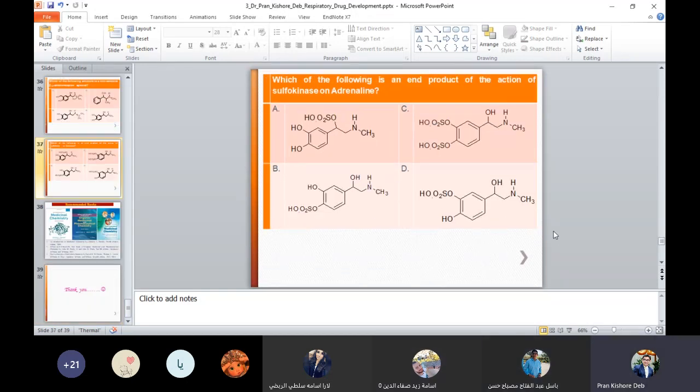Next one. Which of the following is an end product of the action of sulfokinase on adrenaline? A and D. No, A, C. B. Only B. How about the others?